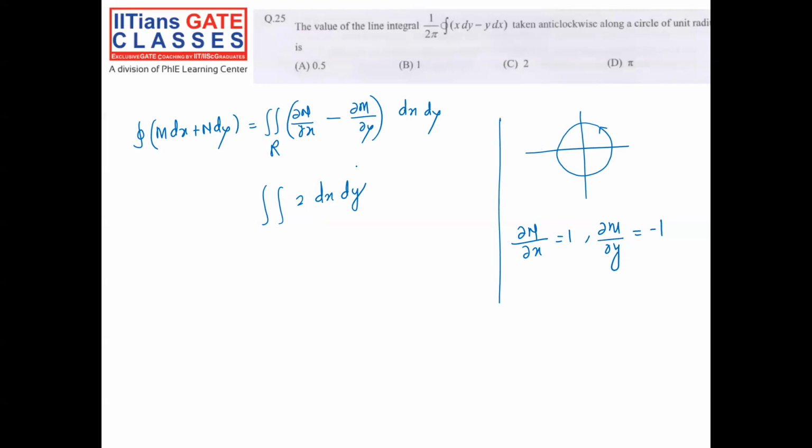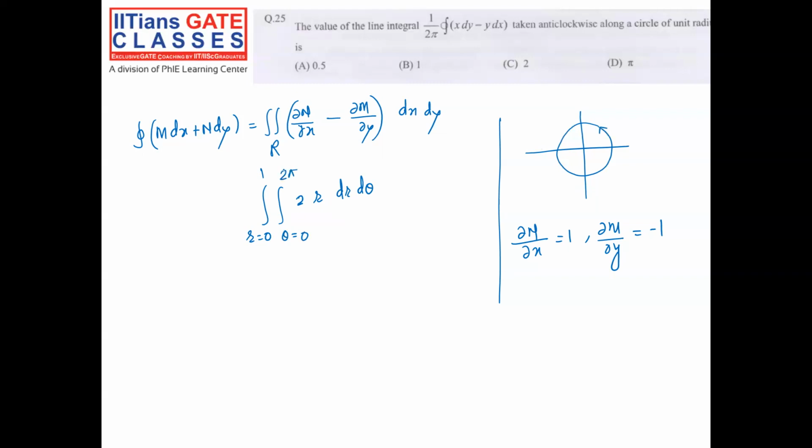But as you see, this problem will be easy if you solve it in terms of the polar coordinate system. So I would convert this Cartesian coordinate system into polar by multiplying the Jacobian, which is r in this case, and dr d theta, and the limit of r is 0 to 1, and theta will vary from 0 to 2 pi.